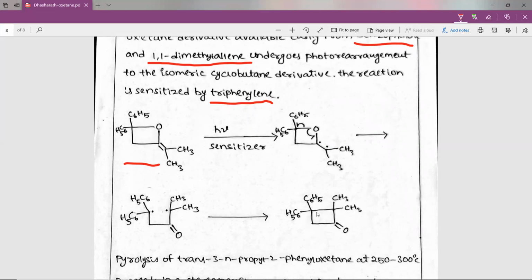So the carbon-carbon double bond is converted into C double bond O, and this oxygen is converted into a carbonyl oxygen. So the oxetane ring is converted into cyclobutanone.